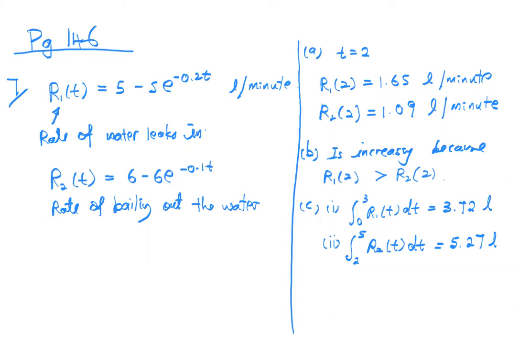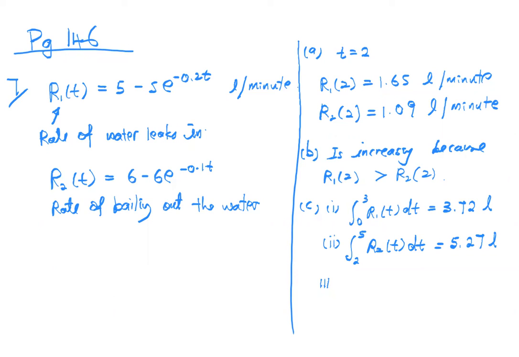Okay, so now let's look at part 3. Because they say interpret their meaning, you have to interpret, write in words. Are you clear? So the first one is the total amount of water leaked in for the first 3 minutes is 3.72 liters.